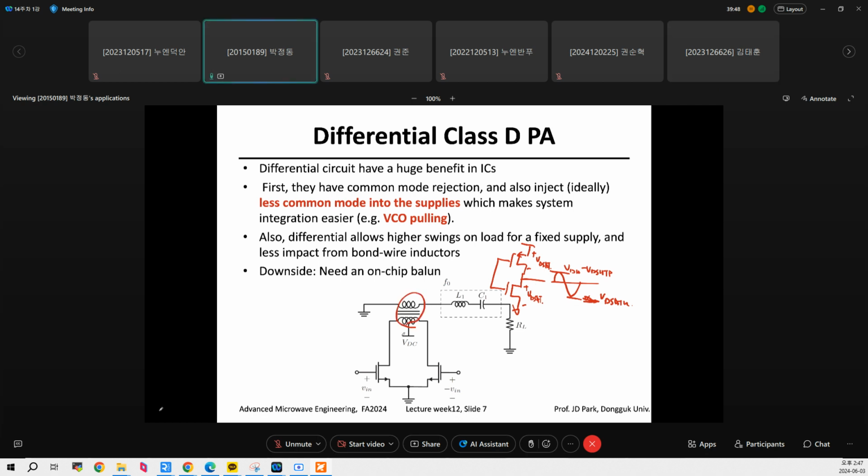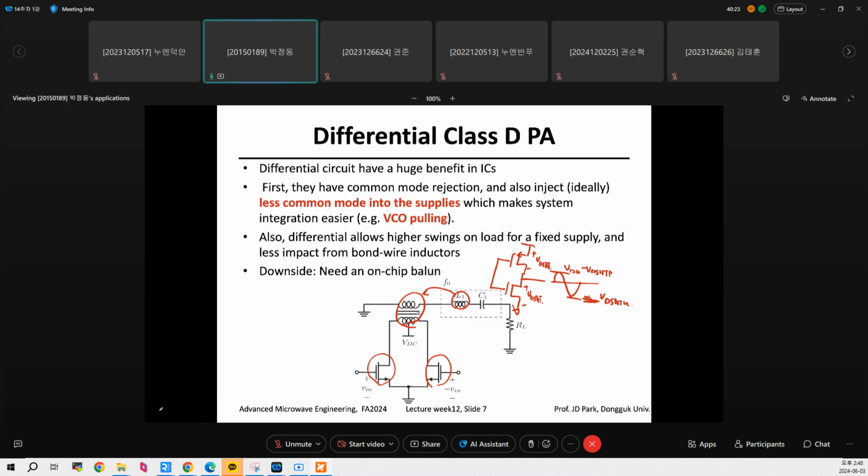But if you use this balun, part of the inductance can be swallowed inside this transformer, so it's a very nice looking structure. Also, the power level is twice, power one and power two combined in voltage mode, so the power level is improved as well.